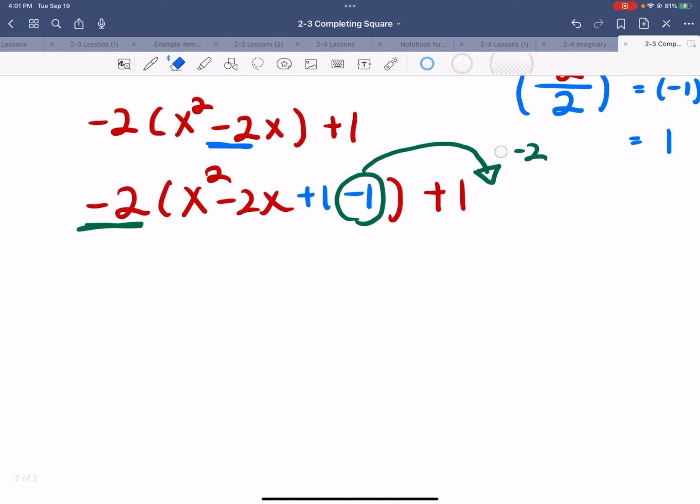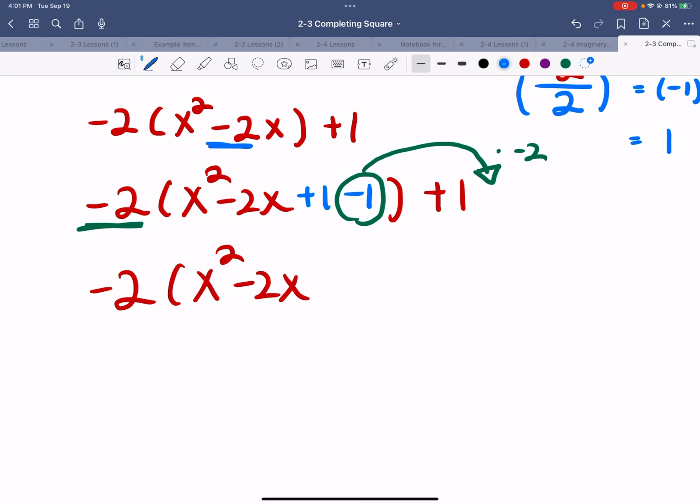It's not x minus 2, it's times. So it's going to be -2. I'm going to use red. -2, x squared minus 2x plus 1. -1 times -2 is +2. All right?